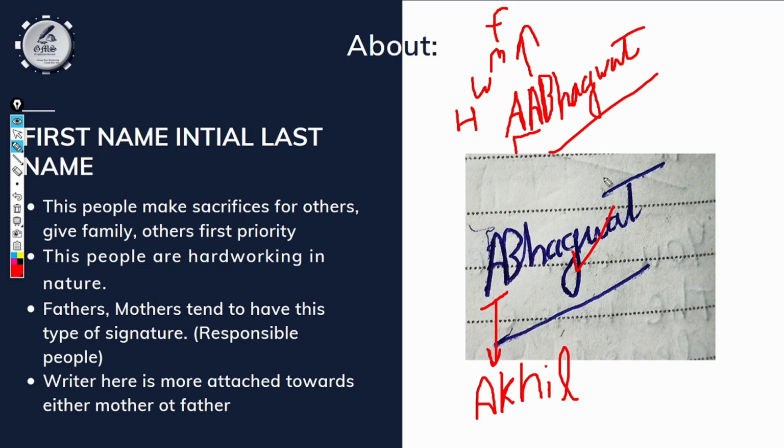And these people are more attached towards either father or mother. Even if they don't have this initial, they are attached towards their father or mother. And if they have the initial, it indicates the same. It also tells us they want the world to know that they are like their father, or they want to be like their father or mother or wife or husband.